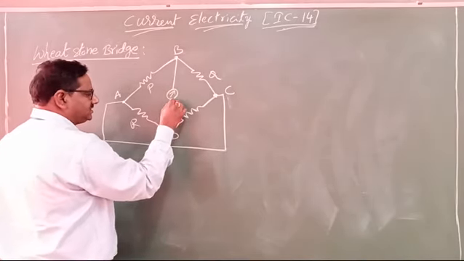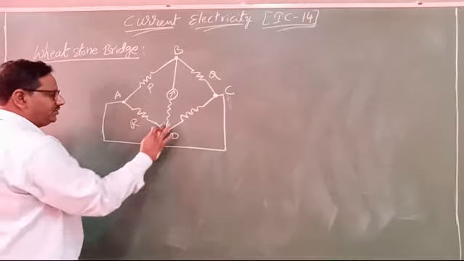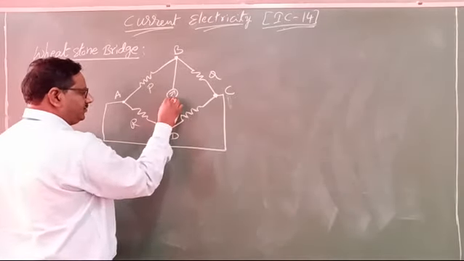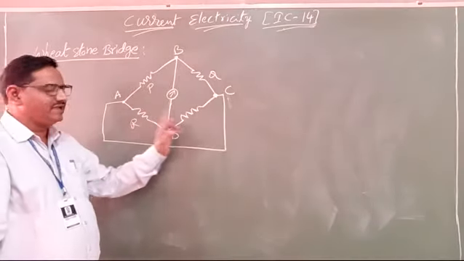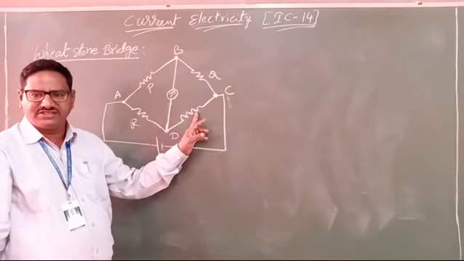So the four resistances P, Q, R, S are in the form of one bridge.